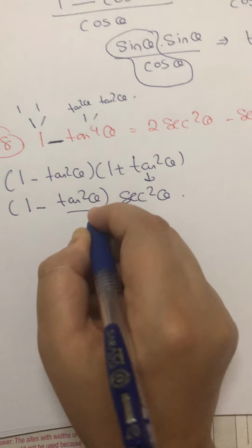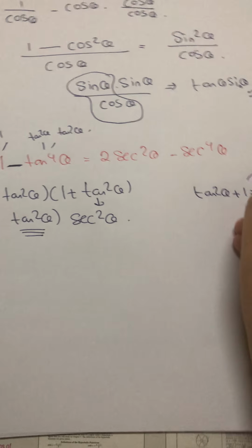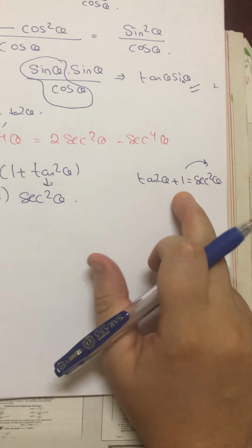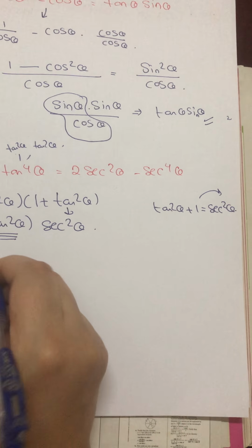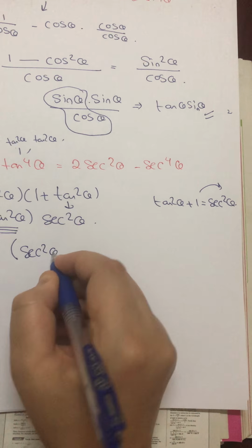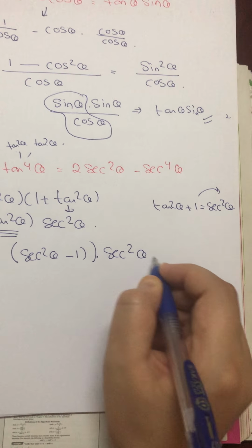I'm gonna work on tan squared theta to change it to something that has sec in it. So it's sec squared theta minus 1. Why am I doing that? Because I'm looking at the answers. So 1 minus the tan squared, open a bracket, it's sec squared theta minus 1 times sec squared theta.